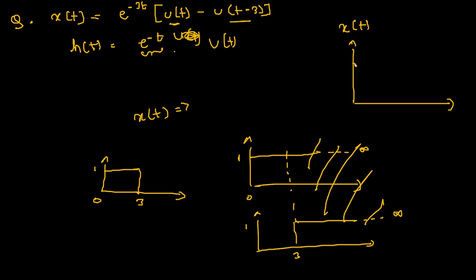It goes from 0 till 3, and after that it's just 0. So this is the curve for x of t, which I will write as x of tau.